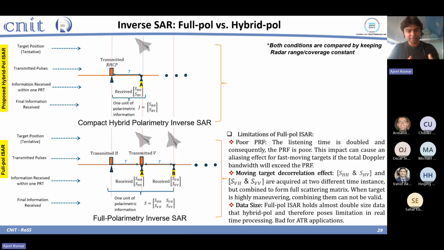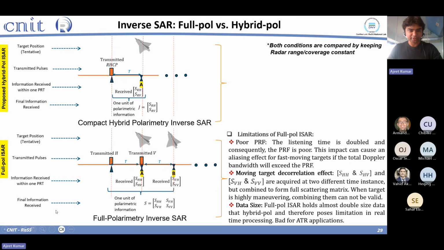If the Doppler bandwidth exceeds the PRF, it is really problematic for us. We need to acquire the Doppler samples as frequently as we can. The more we sample, the better the accuracy, right?